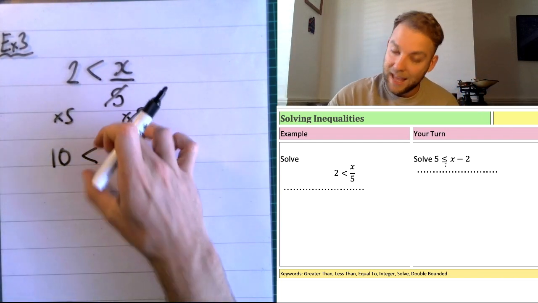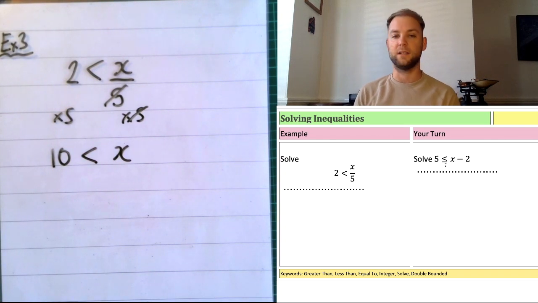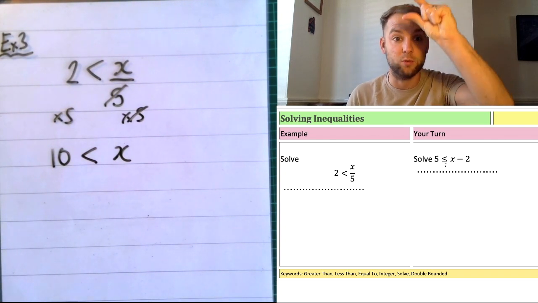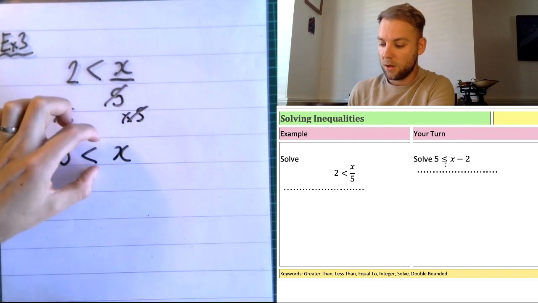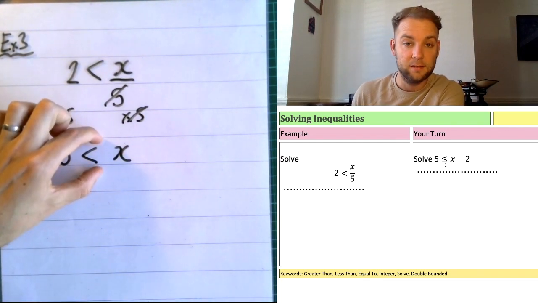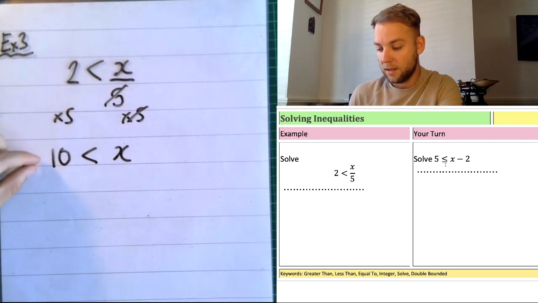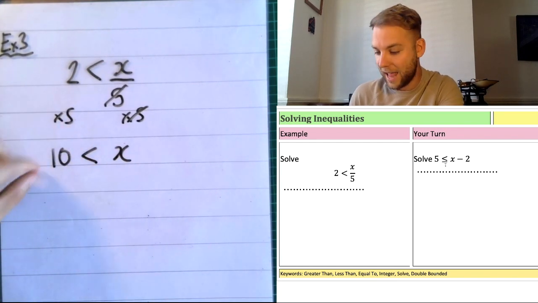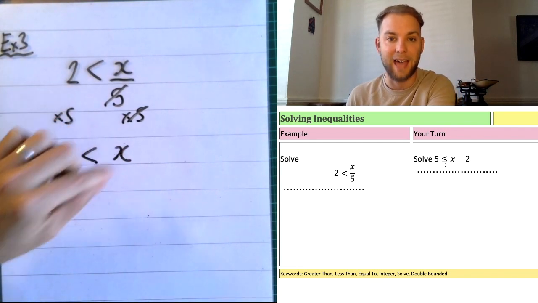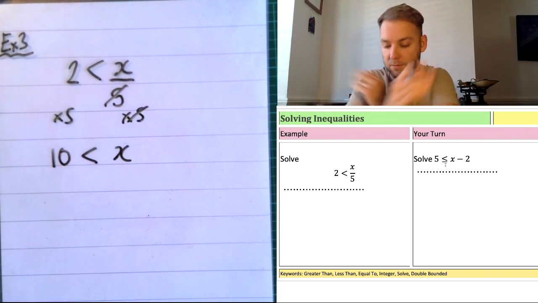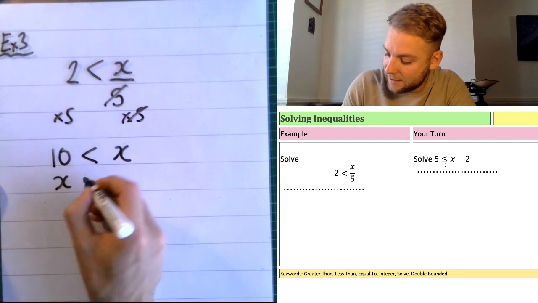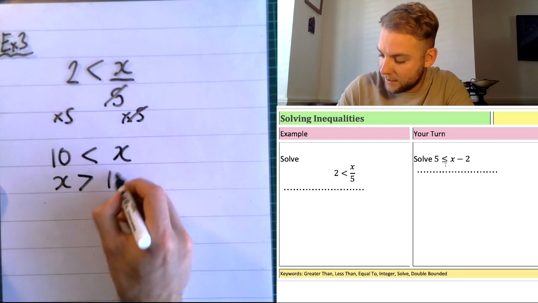The way you think about it in an inequality is that the wider side is always greater than the smaller side. So I'm saying that x, the wider side, is greater than 10, or 10, the smaller side, is less than x. Both of those things are the same thing. So if I'm turning this around, it's going to be x is greater than 10.